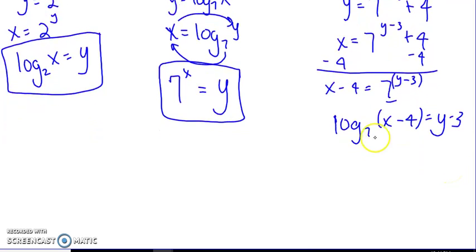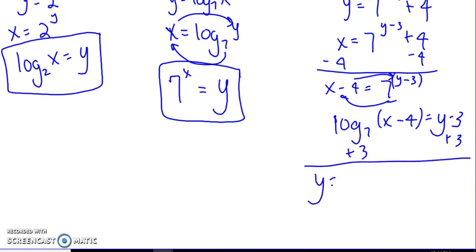From here, just remember this is your base, makes this rotation here, changes it to log. From here, I can go ahead and solve for y by adding 3 to both sides. So I get y equals log base 7 of x minus 4, plus 3.